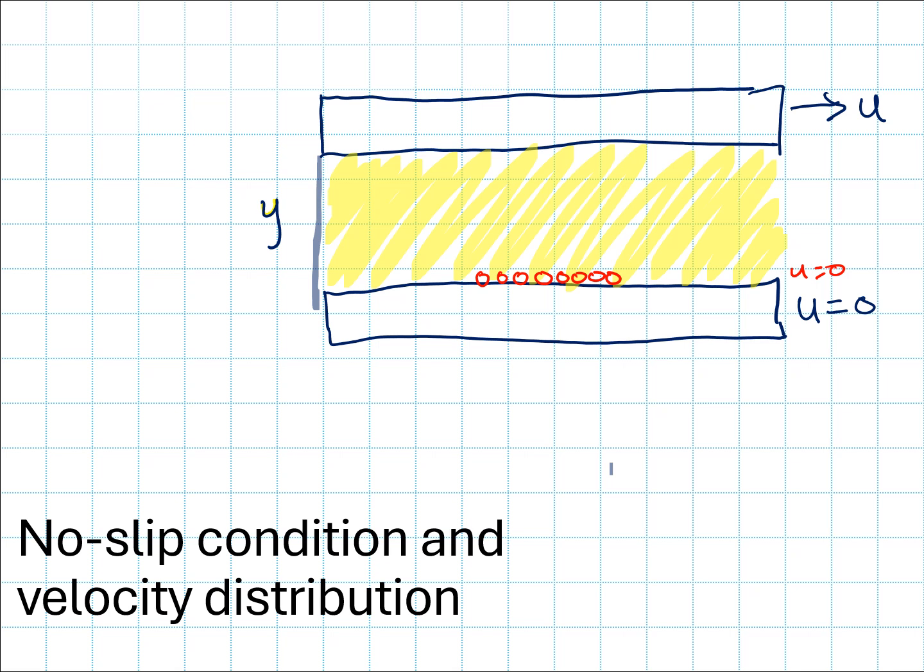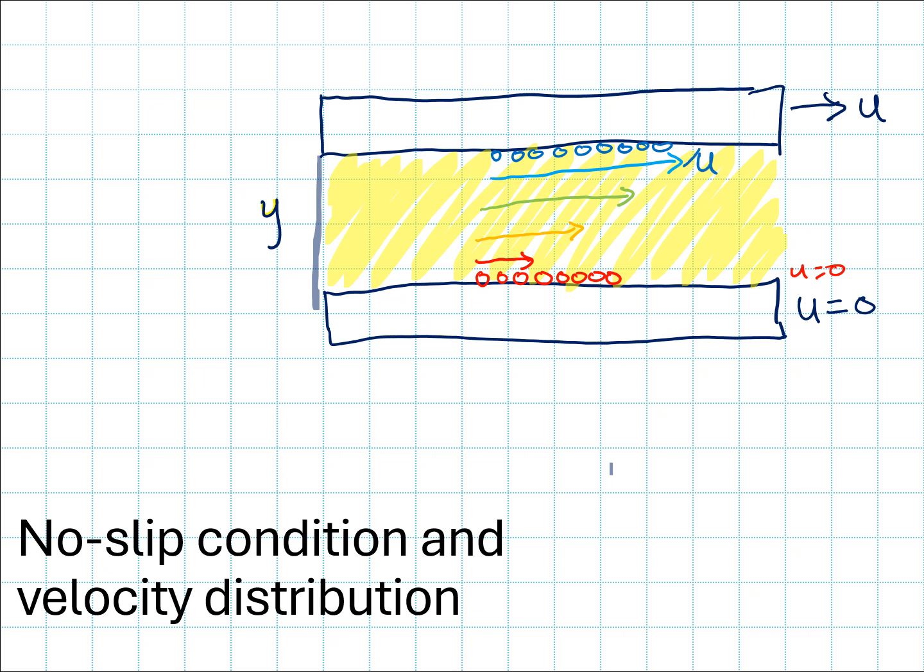And then the next layer up is moving just a little bit faster than 0. And the next layer beyond that moves just a little bit faster, all the way up until we get to the last layer of molecules that are touching this top plate up here. And those are moving at a velocity of u, the same velocity as the top plate.